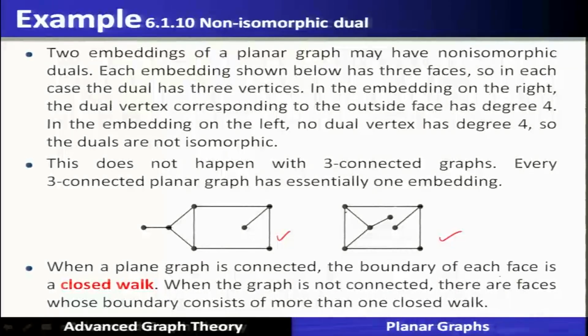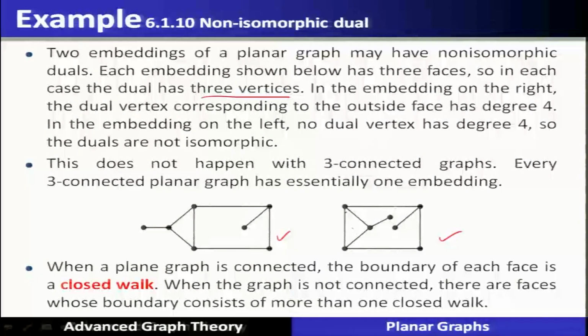So, here we can see that these particular graphs have 3 different faces. So, in both the cases the dual has 3 vertices. Now, in the embedding on the right side, the dual vertex corresponding to the outside face has degree 4.